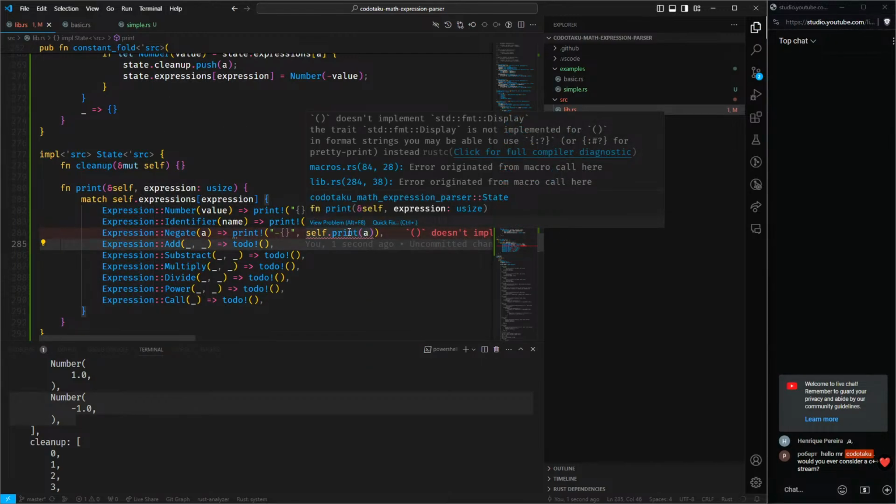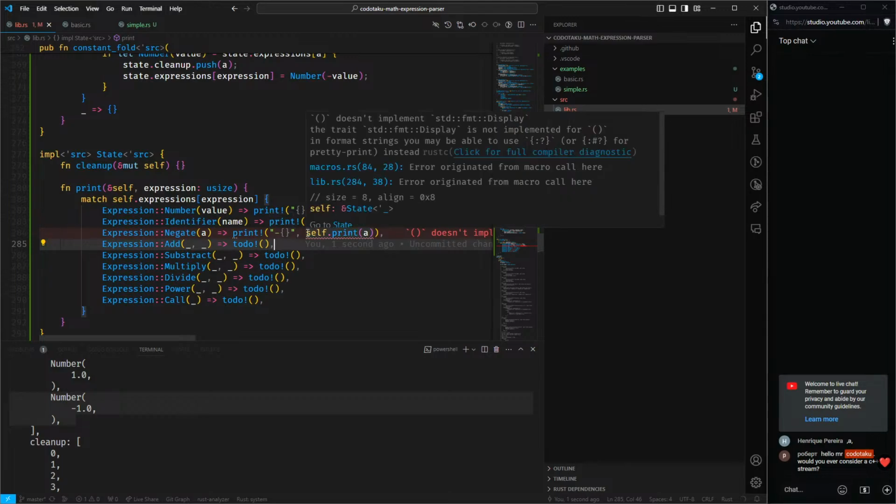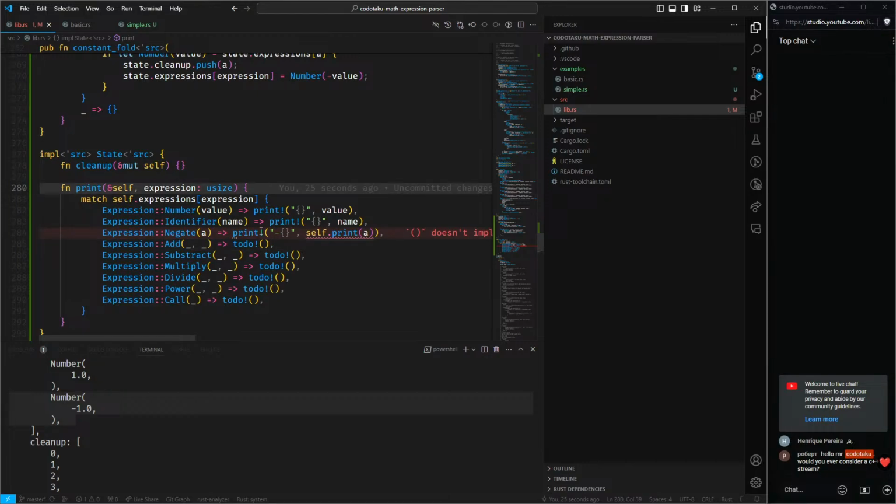And self doesn't implement stdfmt. Oh, my bad, I see. So this should actually really return string.